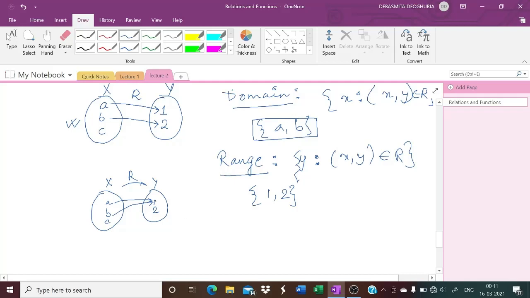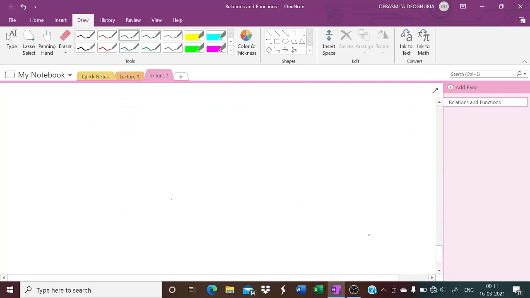So in this case the range would be only 1, not 1, 2. Only those elements in Y which have a pre-image in X and are related by the relation R, that is the range.